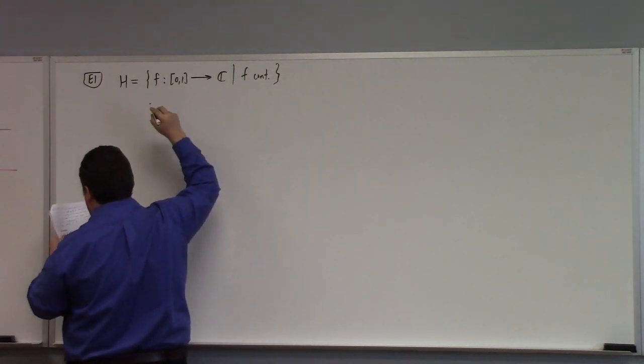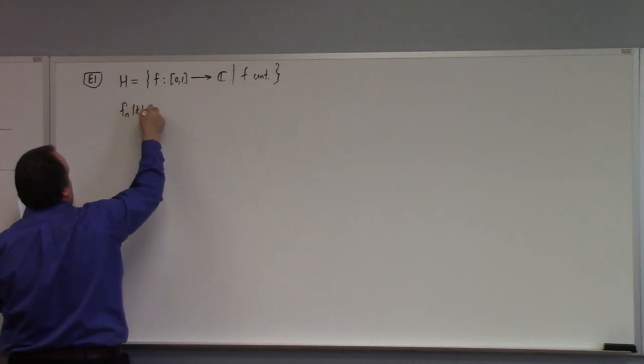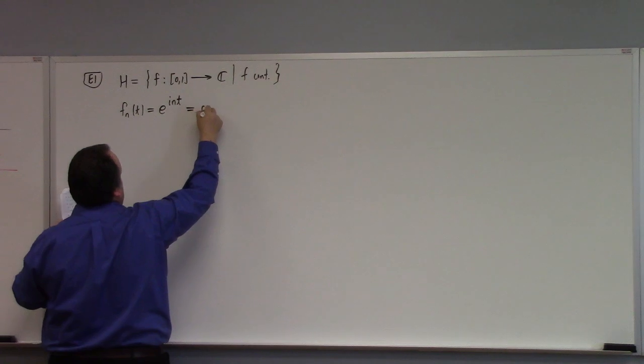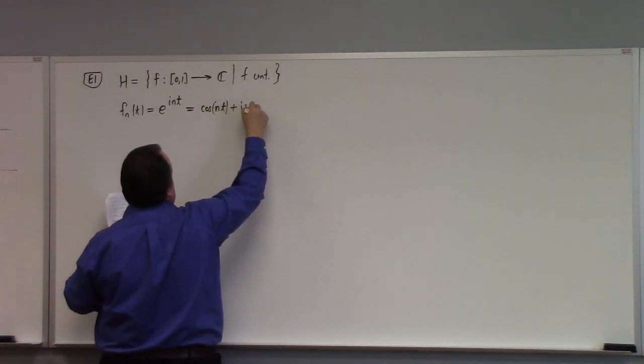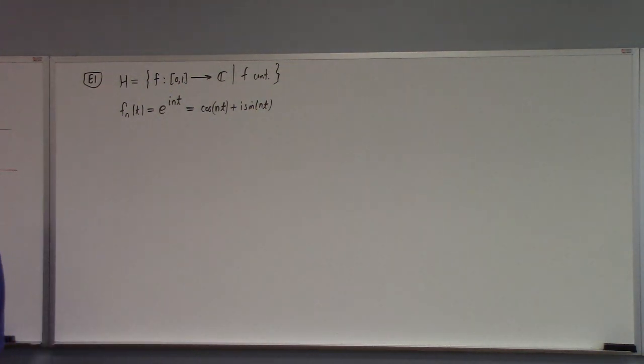In this context, we can look at Fn of t equal to e to the int. Now that is cosine nt plus i sine nt by Euler's identity, right?